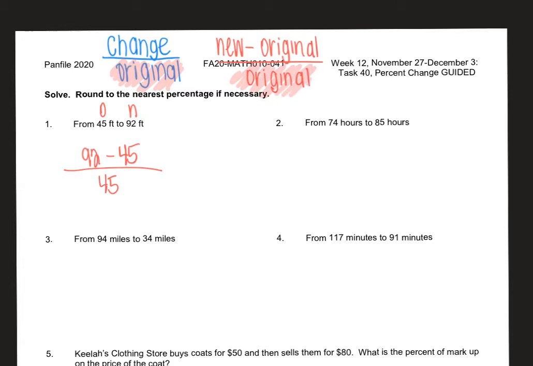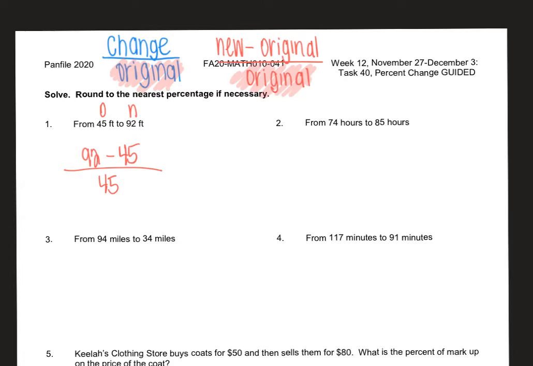Now, the reason why we don't have to be super careful up top is because if you look at this, 92 minus 45, 45 minus 92, you're going to get the same number value. One of them is going to be positive and one of them is going to be negative. If you plug it in with the new minus the original, it will give you the correct sign. So positive means increase, negative means decrease.